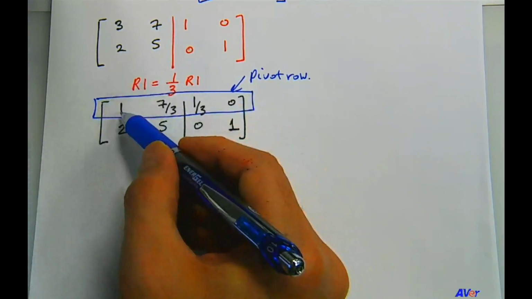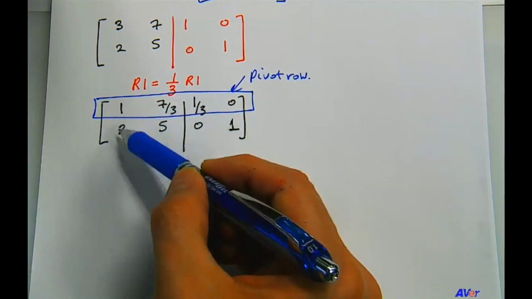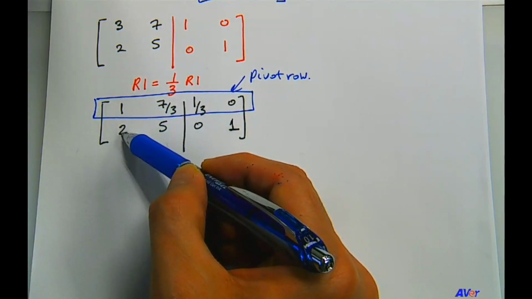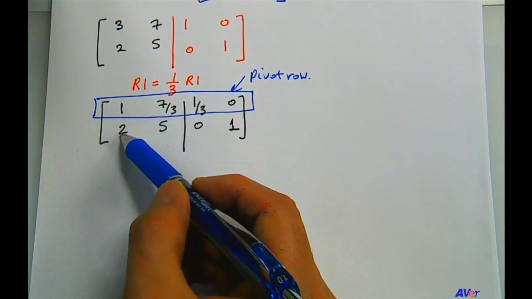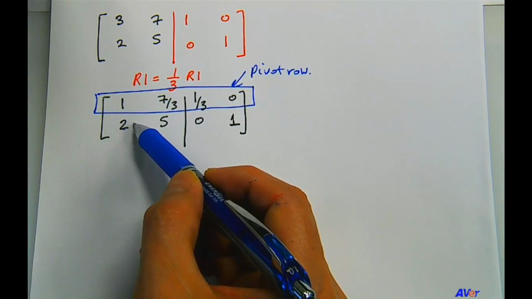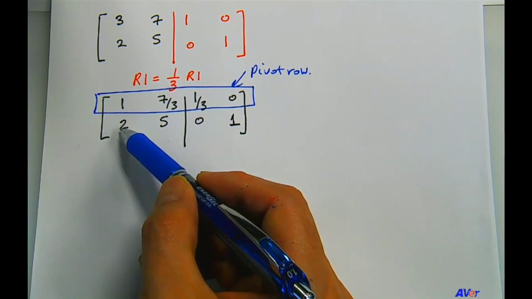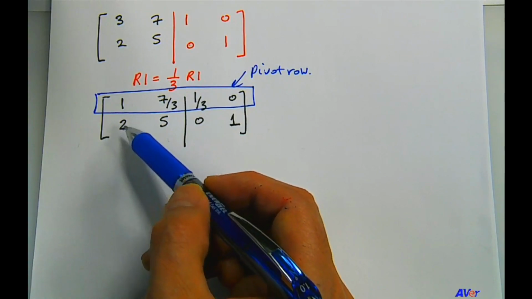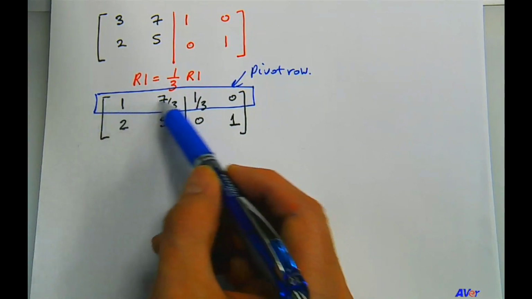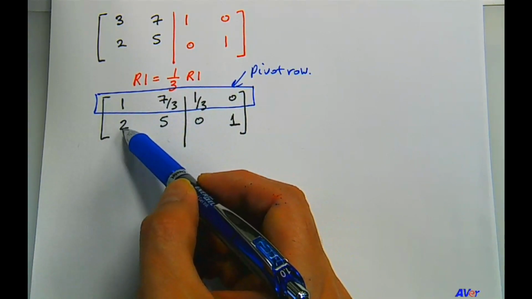The importance of that is that we should use the pivot row to get the 0 in this spot. Well, how can we get a 0 in this spot? Very easily, by adding a -2 to this, we can get a 0. But where is the -2 going to come from? It's going to come from multiplying the pivot row by -2 and adding it to the second row.